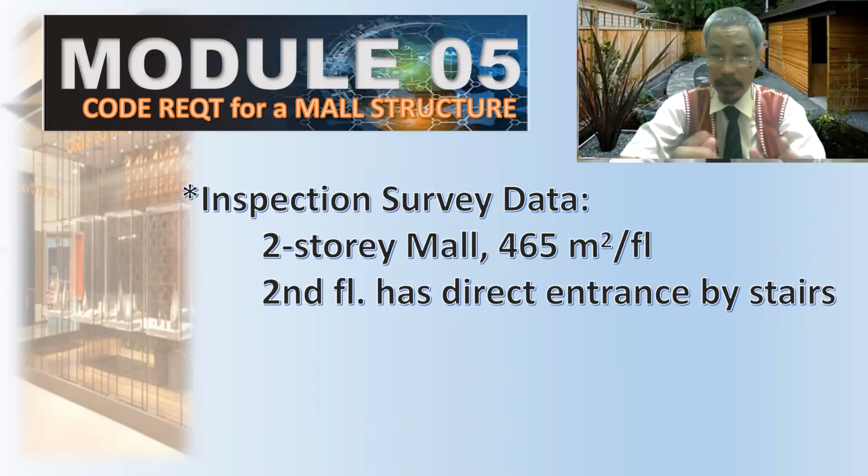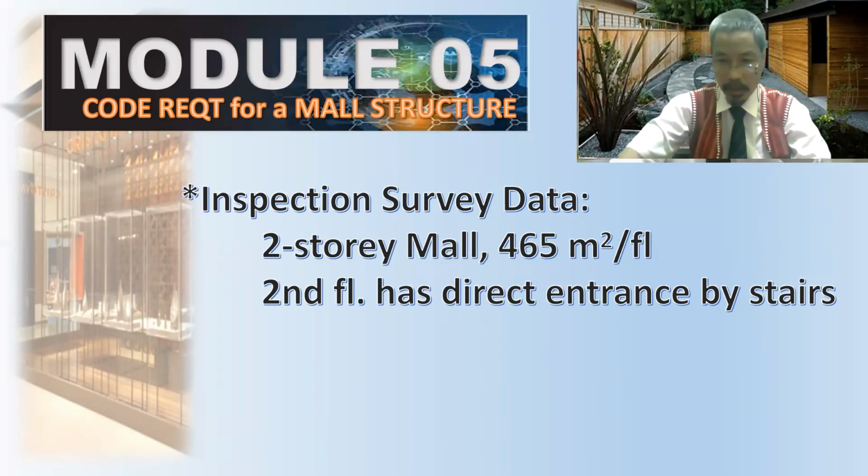We are just looking at the area under consideration by the new tenant, for which the sporting goods store would be placed. Second floor has direct entrance by stairs, going to the entrance door directly to the second floor. But the tenant also has the ground floor.